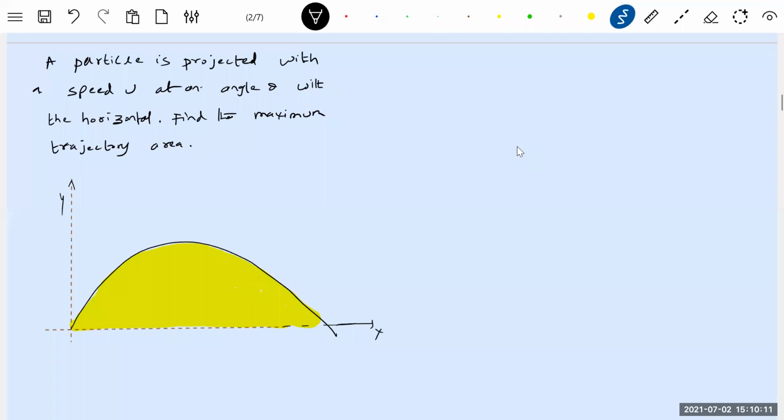So we project with a speed u at an angle theta. Then after some time t, it will be available here. Let this point be x comma y. At t equals 0, we have projected the projectile. After some time t it is here, moving with the speed v, which should be tangential.